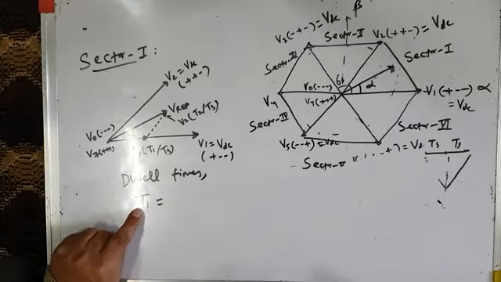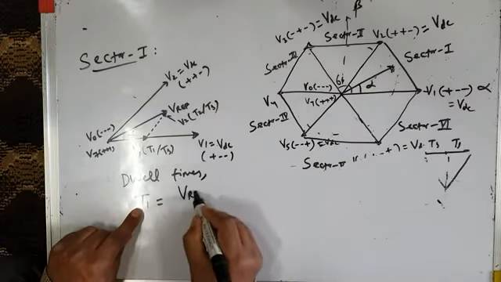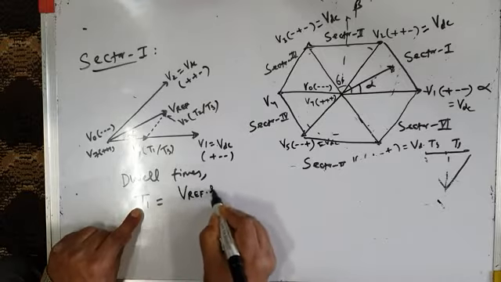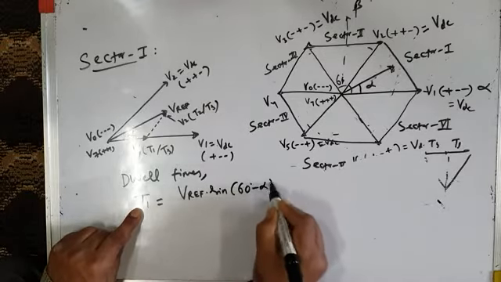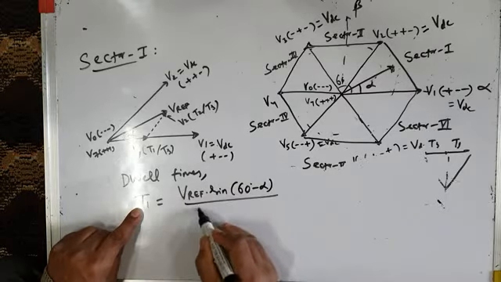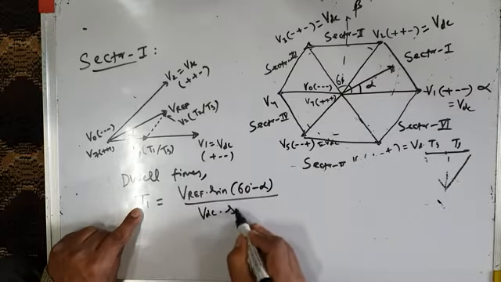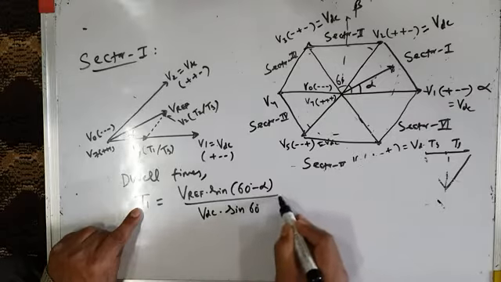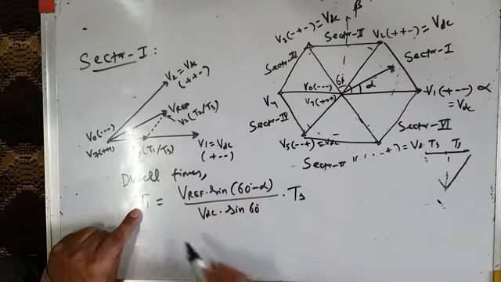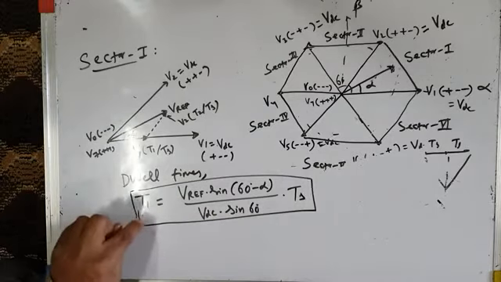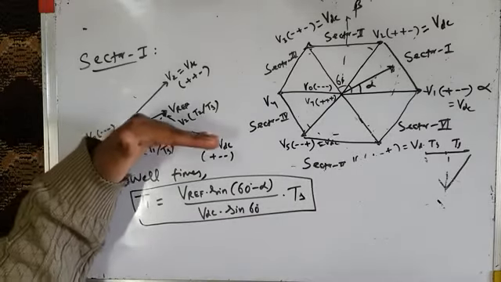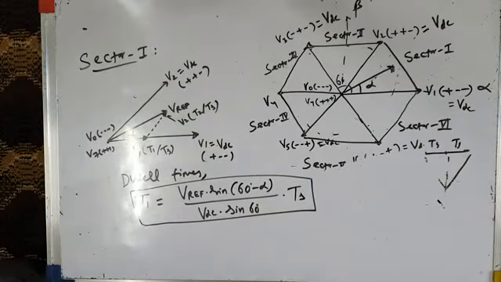So this T1 will be equal to Vref into sine of (60 degrees minus alpha) divided by VDC into sine 60 degrees, into the total subcycle interval Ts. So this is dwell time T1. This is the time period for which voltage vector V1 has to be applied across the load.